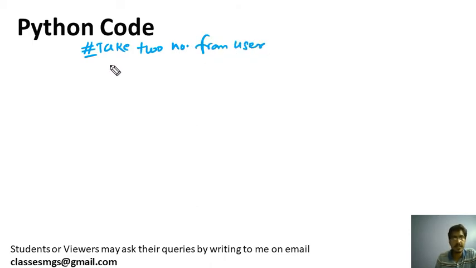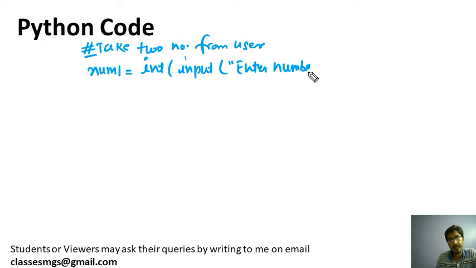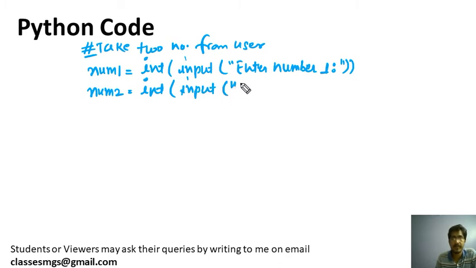So suppose number 1, we want to take an integer number, so you need to write int input, enter number 1, like this. Then you will write number 2 equals int input, enter number 2, like this.